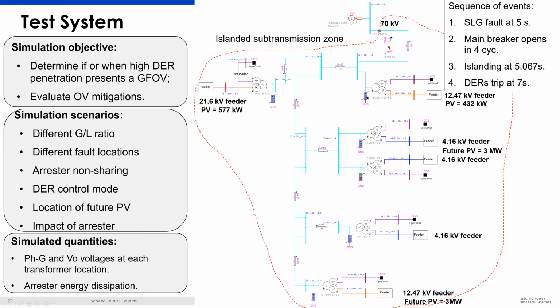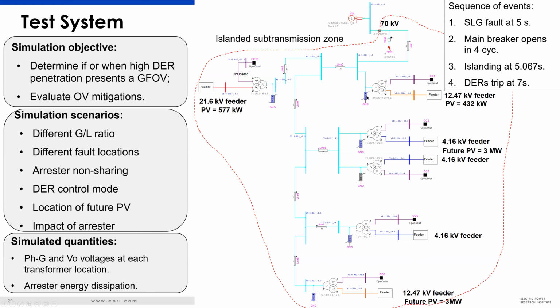At different GL ratios, we are increasing the PV integration level from 0%, when there is no PV, up to 200%. And we are looking at peak phase to ground voltage. You see at 0%, it was 1.45 PU, and at 200%, we went up to 1.90 PU.